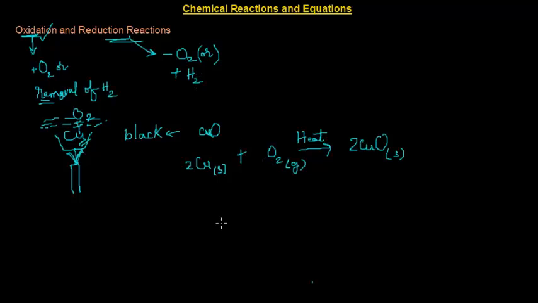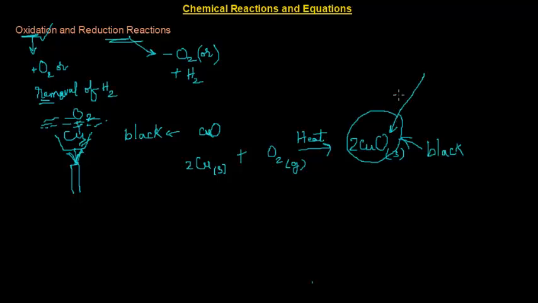Now let us see the reduction reaction. This copper oxide formed is black in color. To again bring back copper, what are we required to do? We have to pass hydrogen gas to it.